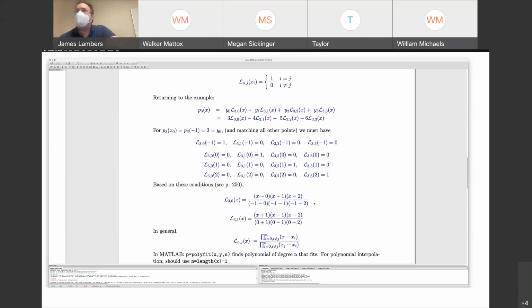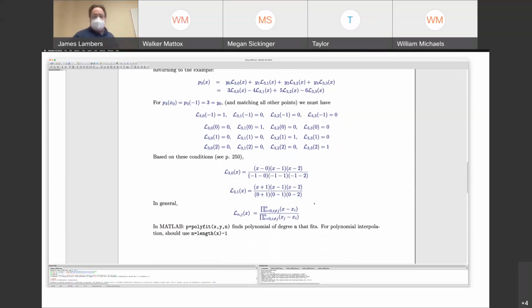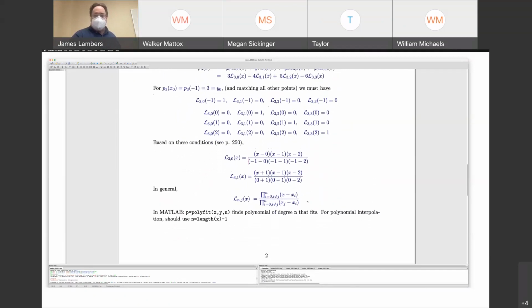So in a general formula, if you substitute x equal to xj, then this factor and this factor will just cancel. That's why the whole thing will become 1.